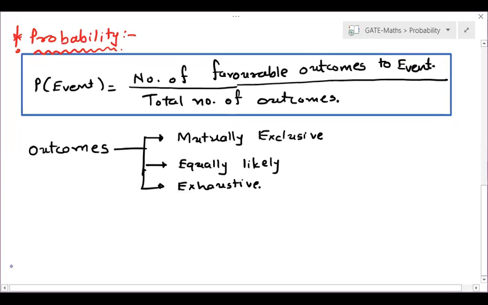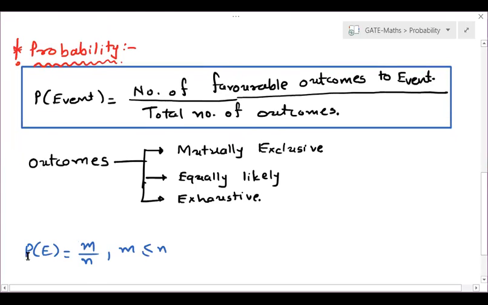So suppose I am writing like this, probability of E is equal to m by n. Here your number of favorable outcomes are m and total number of outcomes are n. Definitely your m will always be less than or equal to n. So your maximum value of probability will be 1, minimum will be 0. That also I will explain, don't worry.